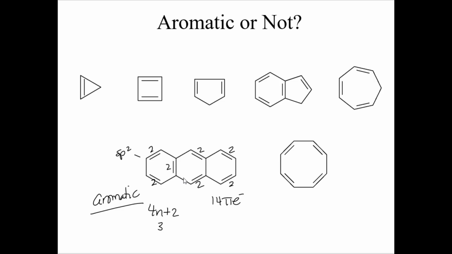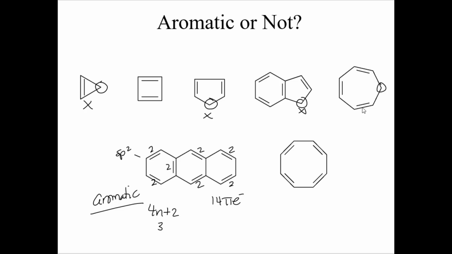Okay. Now, what about the rest of them? Well, let's go through. This is not sp2 hybridized, not aromatic. Let's come back to this one. sp2 hybridized, not aromatic. Not sp2 hybridized, not aromatic. Not sp2 hybridized, sp3 hybridized, not aromatic.